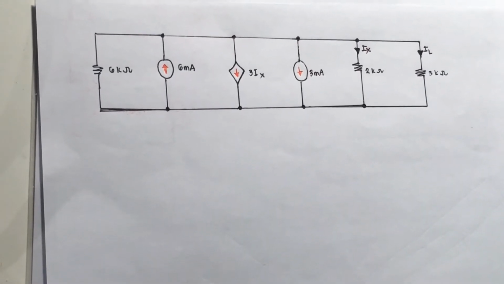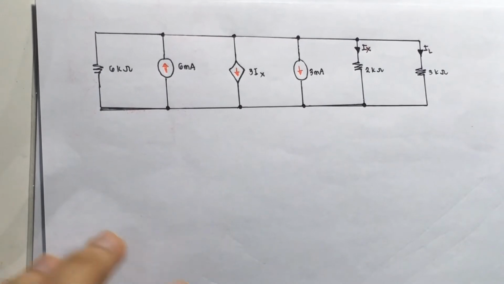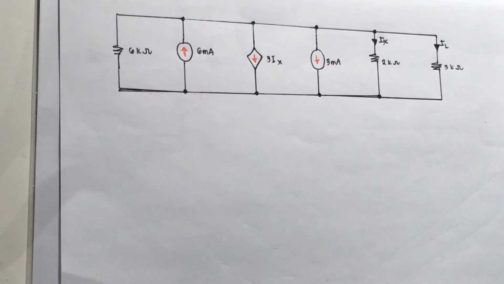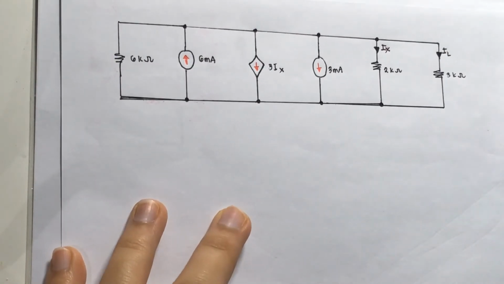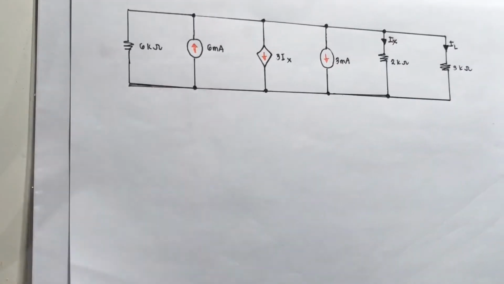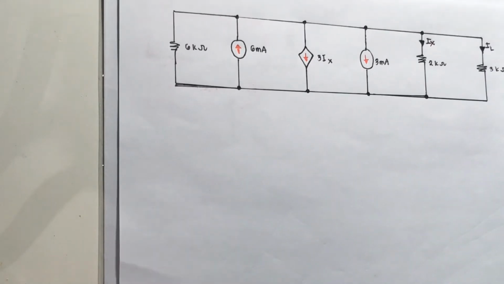So this is the given circuit in number 3, and we are asked to find the IL, or the full load current of the circuit.